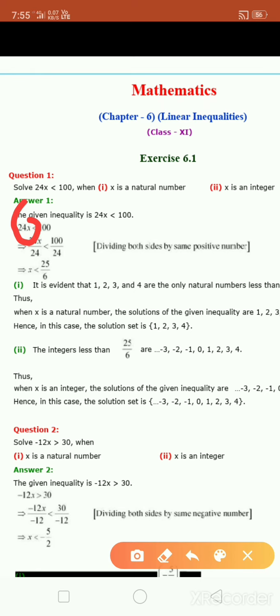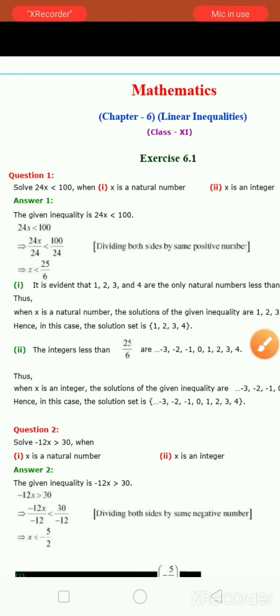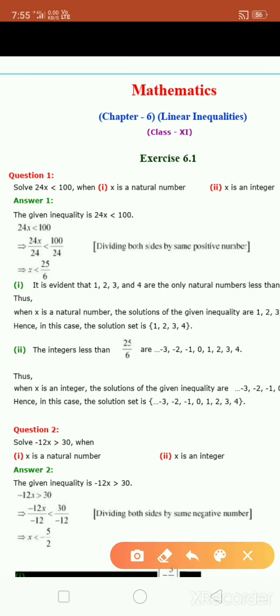In order to vanish this 24, if there is a multiplication, you have to divide by the same number. So you will get 24x divided by 24, and whatever you do on the left side, you have to do on the right side, divided by 24. 24 gets cancelled.